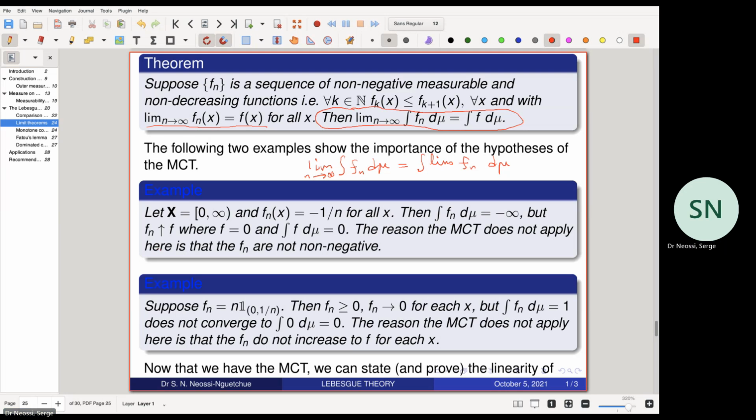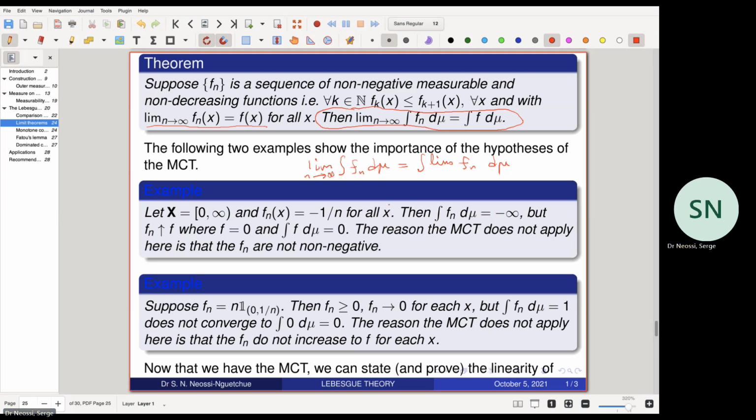But these functions fn are increasing, and they converge towards 0. If you take the limit of -1/n when n goes to infinity, it gives you 0. So it will converge towards the constant function equal to 0. Right. So if you compute the integral of 0, it is still 0. But the integral of each fn gives us negative infinity.